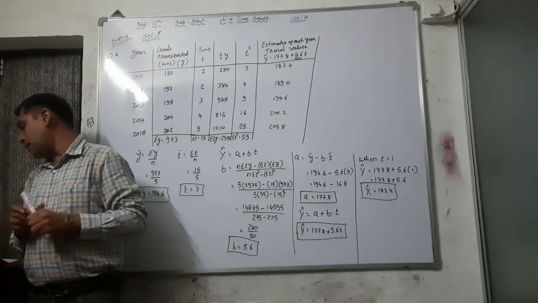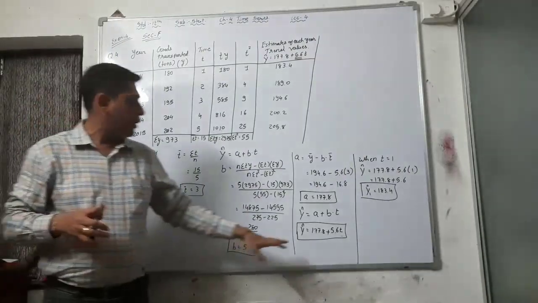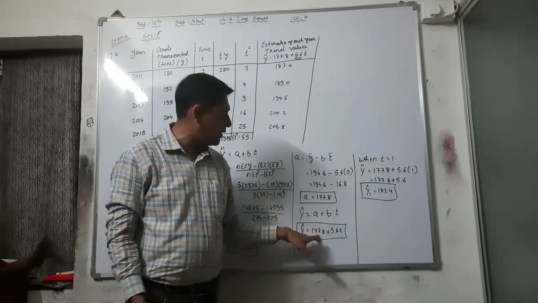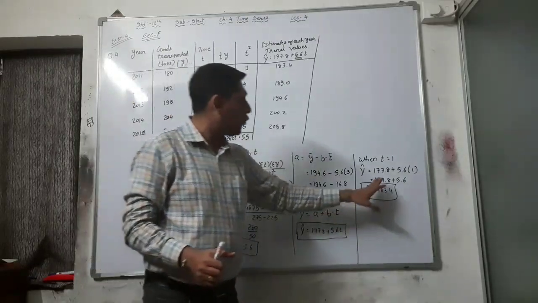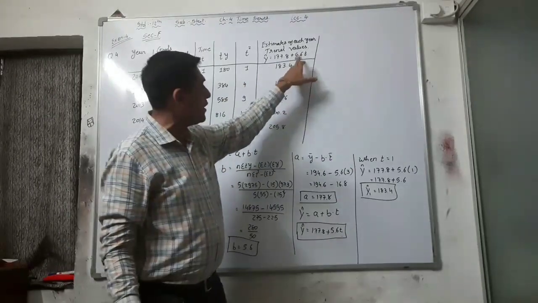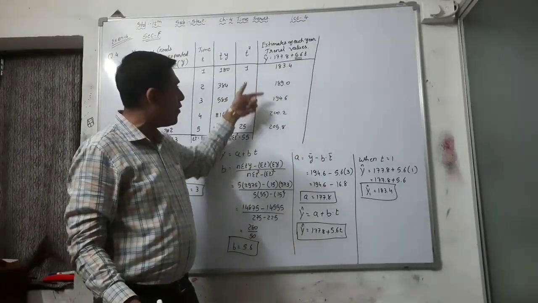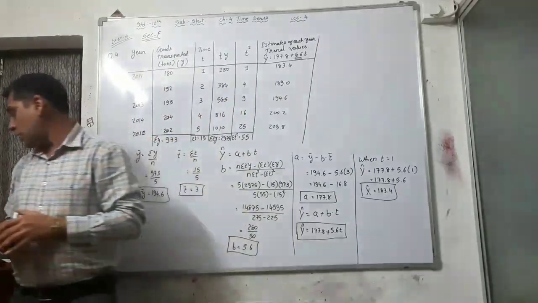Find the estimates for each year by fitting a linear equation. Here we are fitting a linear equation, that is y cap is equal to 177.8 plus 5.6 t. Then we find out first year value. Then we are just adding 5.6, that is b, to each year and find the next year estimated value. So first question is over.